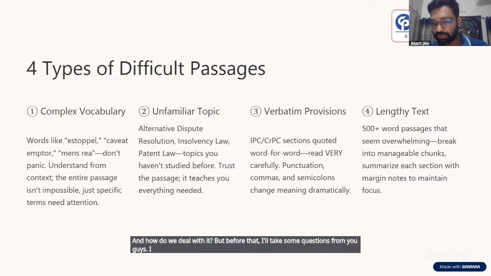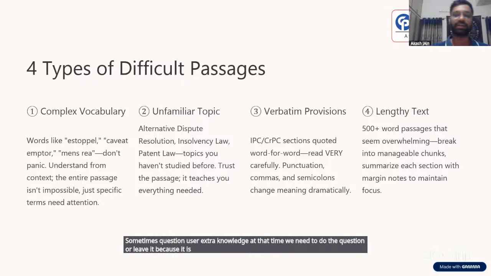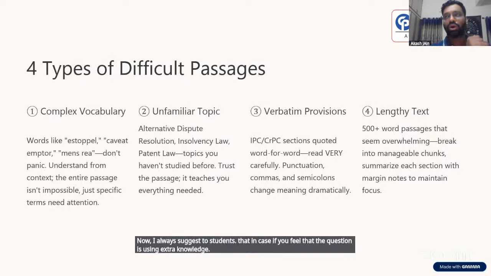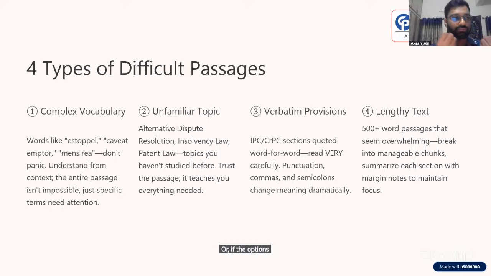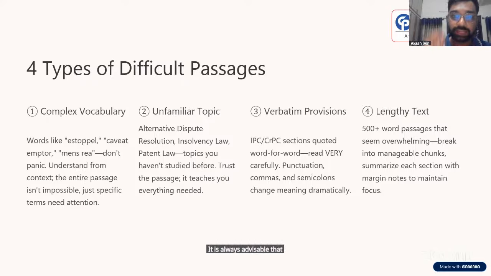I already have one question. Sometimes a question uses extra knowledge. At that time, do we need to attempt the question or leave it because it is beyond the scope of the passage? Now, I always suggest to students that if you feel the question is using extra knowledge, or the options are not clear, or the question itself is wrong, it is always advisable that you attempt that question.